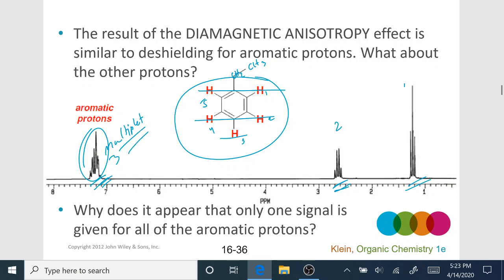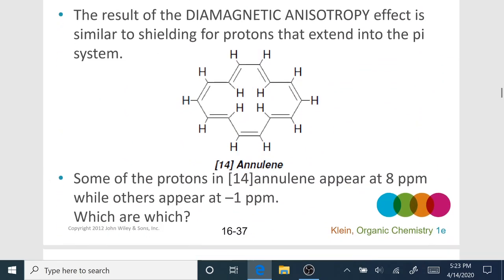Sometimes we can see differences between them. So we really would expect 3 signals for the hydrogens on the benzene ring, and then the CH2 would be 4 and the CH3 would be 5. So we would have 5 signals in the spectrum, but since they're so close together, they're on top of each other, we end up with a multiplet.